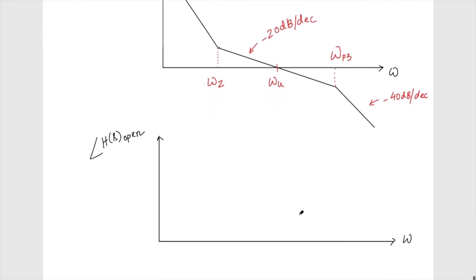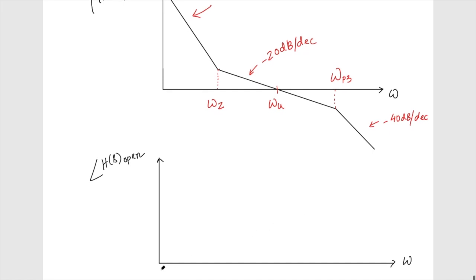Now if you see in terms of the phase, let's call this minus 180, this minus 90. And of course the 0 is here.